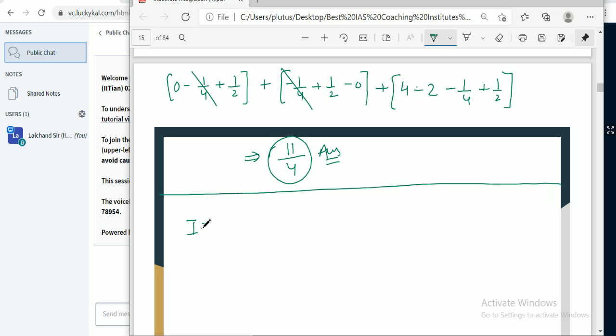I is the integral from minus pi by 2 to plus pi by 2. Limit is minus pi by 2 to plus pi by 2.